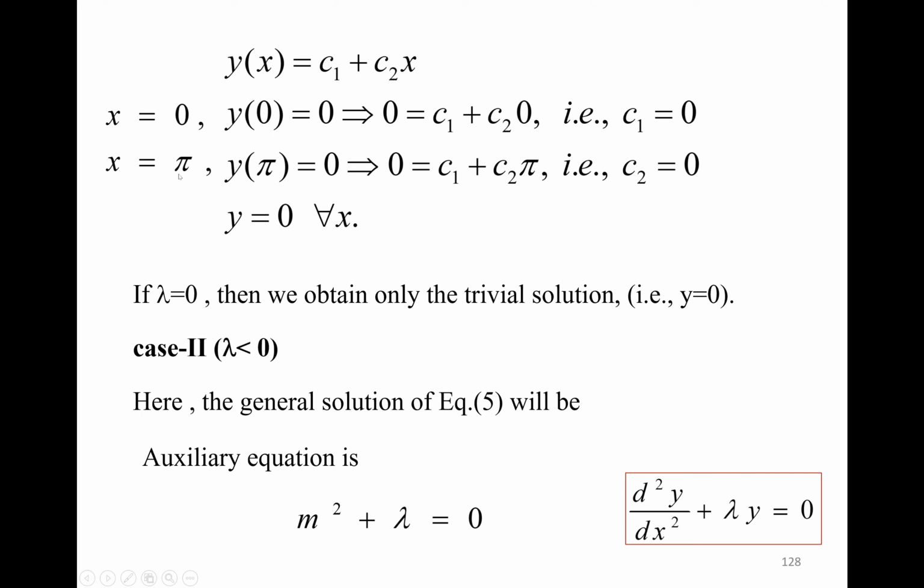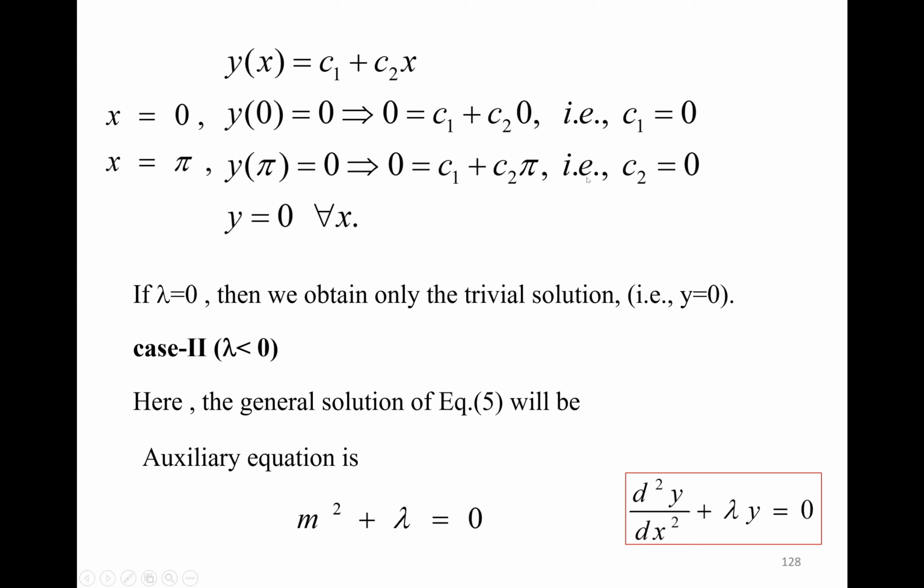Go for the second boundary condition, x equal to pi. Substituting, that will give y of pi equals 0, so we have c1 plus c2 times pi. Already we know that c1 equals 0, so c2 pi equals 0.